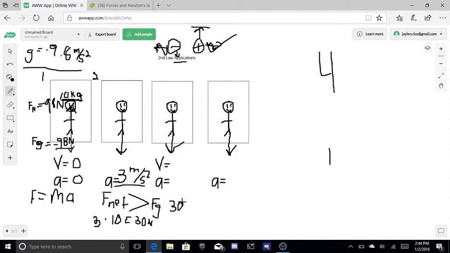These 30 newtons is the F net, and it's the normal force plus force of gravity.